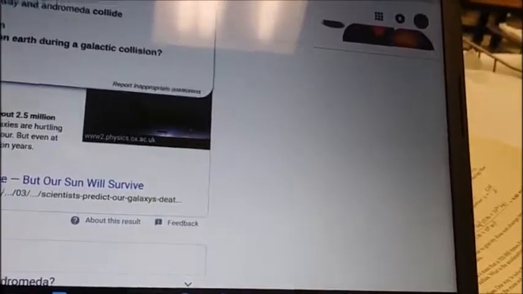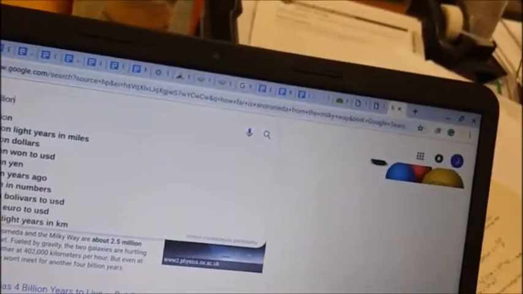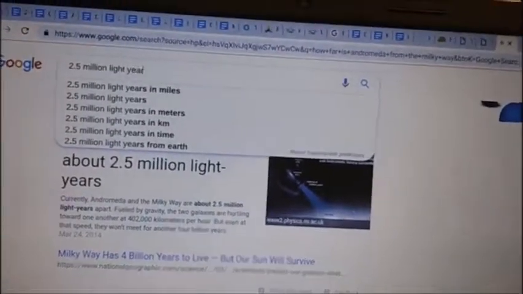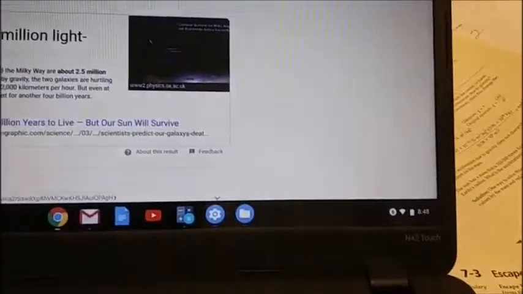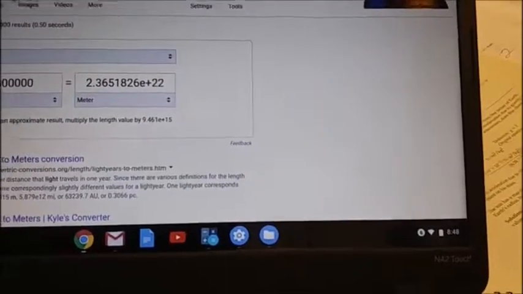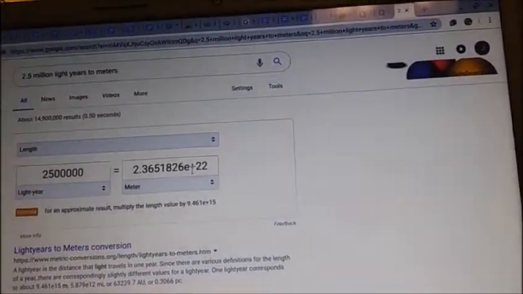Let's do 2.5 million light years to meters. Google probably has a 2.36 times 10 to the 22nd.